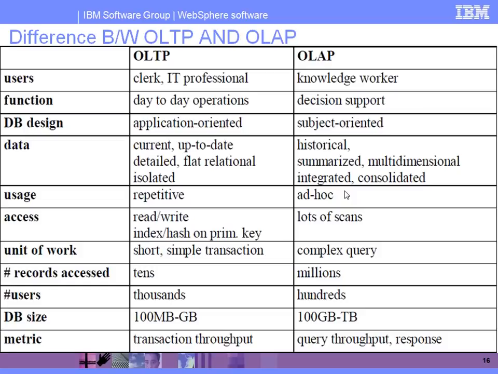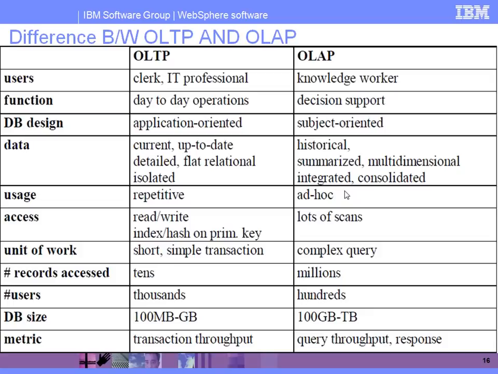OLTP means online transaction processing system. This system is maintained and used by clerical people who are working as operational staff. Those people will be using this OLTP data. The second type of systems are OLAP. OLAP means online analytical processing systems.